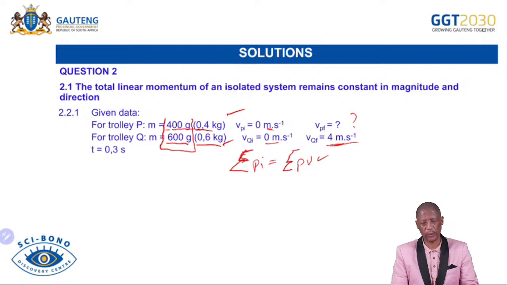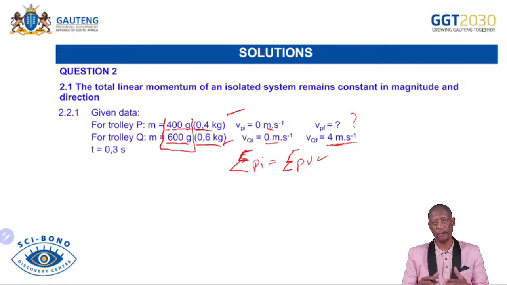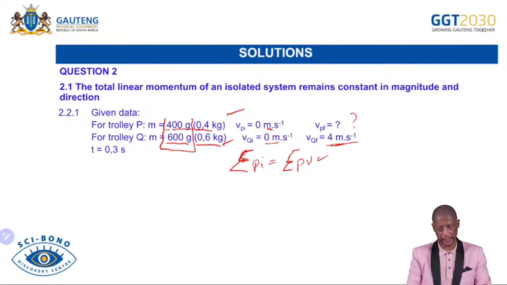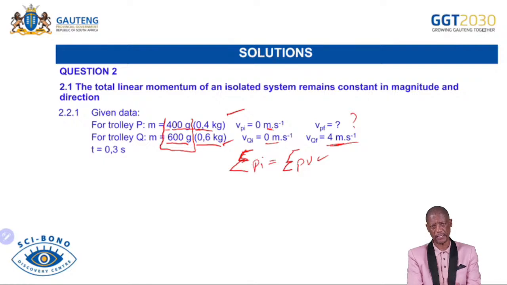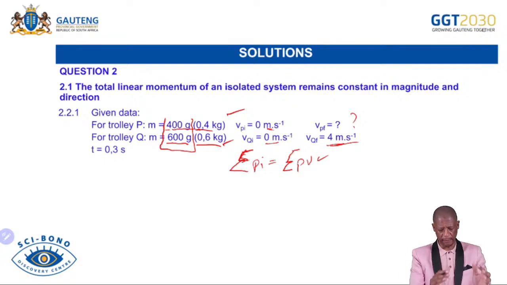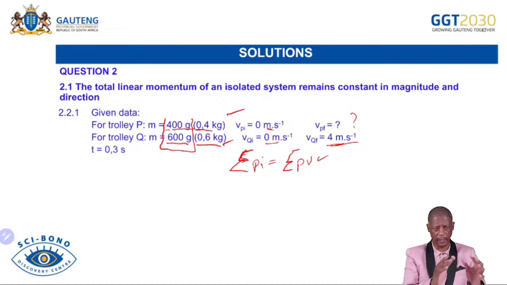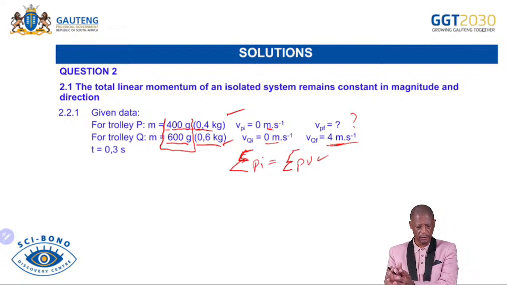Then from there, you can go to the mathematical representation of the formula that we use. The sum of momentum initial equals the sum of momentum final, which is m_Q v_Q plus m_P v_P equals m v.